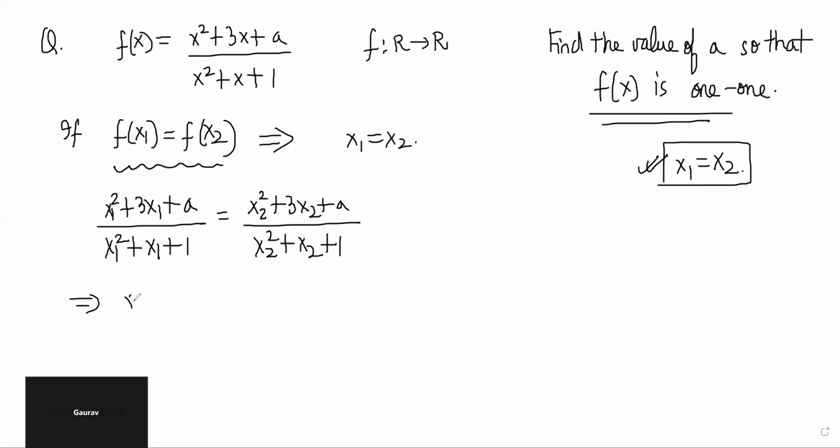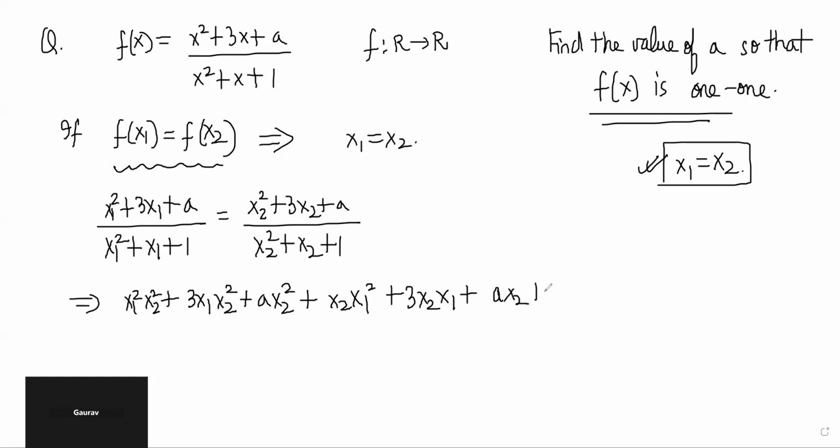Cross multiply: x1 square, x2 square plus 3x1 x2 square plus a x2 square plus x2 x1 square plus 3x2 x1 plus a x2 plus x1 square plus 3x1 plus a, right?